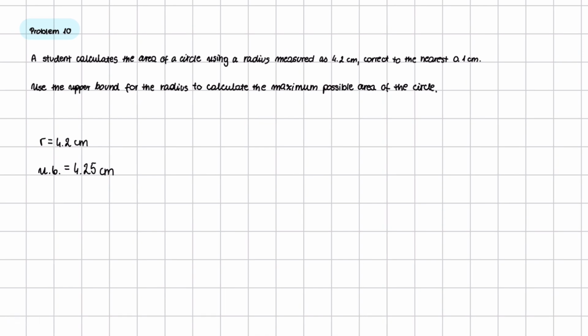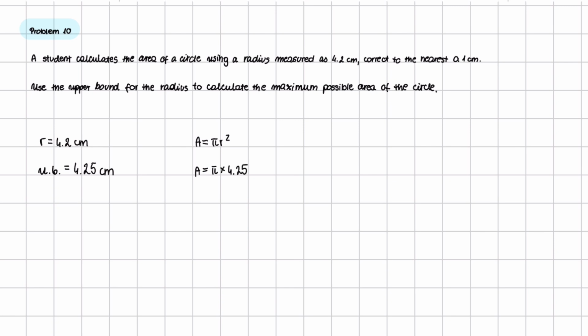And now we have to calculate the maximum possible area of a circle. The area of a circle formula you have in your booklet, so you don't need to worry if you don't remember it. So area is pi times 4.25.